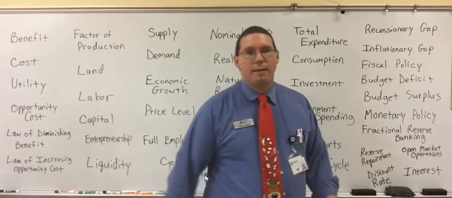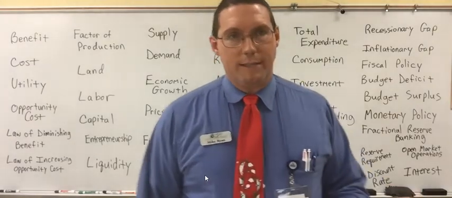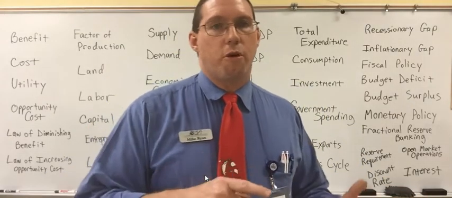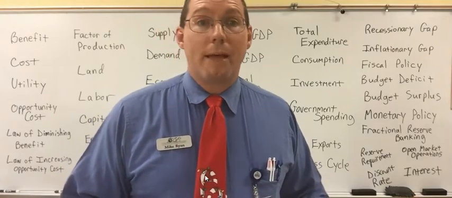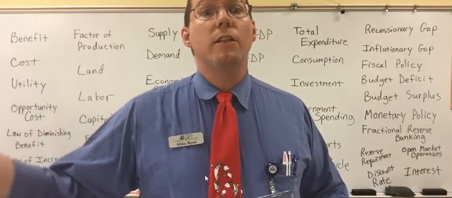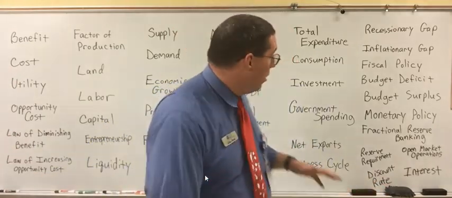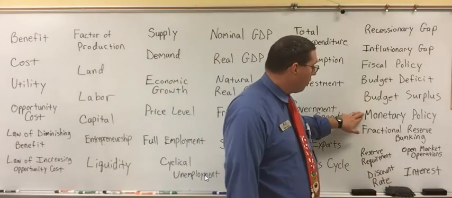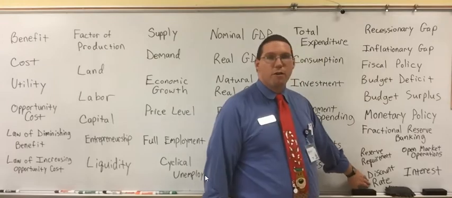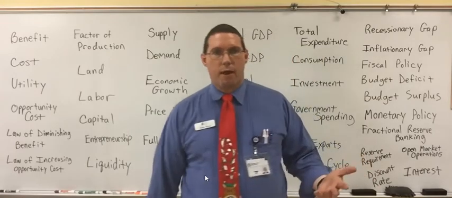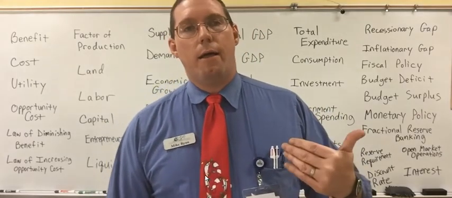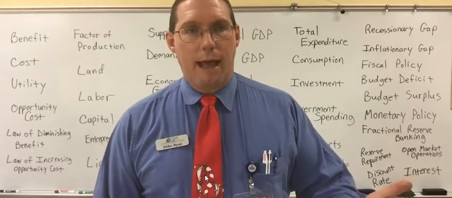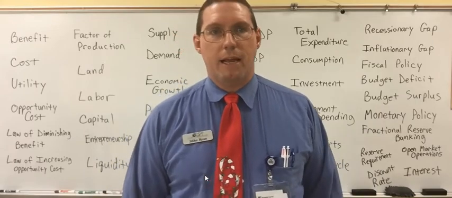The discount rate, that's the interest rate that the Federal Reserve charges banks to borrow money. And why would banks want to borrow money from the Fed? Well, so they can loan it out. And so the central bank, through monetary policy, might increase or decrease the discount rate, the interest rate that they charge banks, so as to either encourage banks to lend out or to discourage banks from lending out.